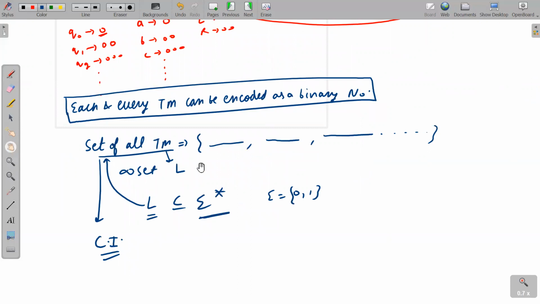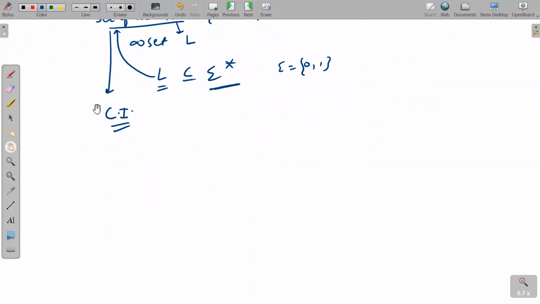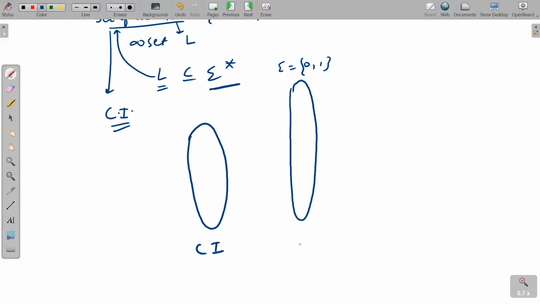Please see here carefully. Let me say it like this. This is the set of all Turing machines, and this is a countably infinite set. And this is the set of all languages over sigma star, that is nothing but 2 power sigma star, and 2 power sigma star is UCI, uncountably infinite, and I have already told you that it is much larger than a countably infinite set.